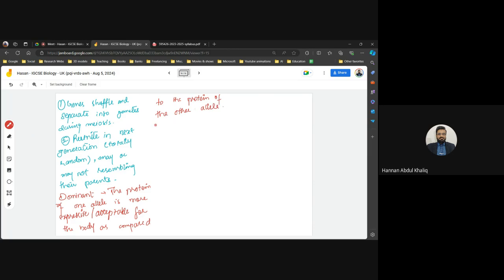Or I can also define the dominant allele as an allele that produces such a protein that masks the effect of the other allele. Let me give you an idea about the recessive one.